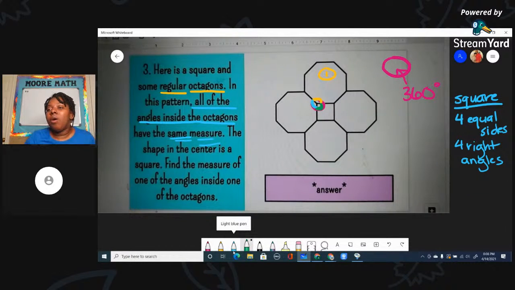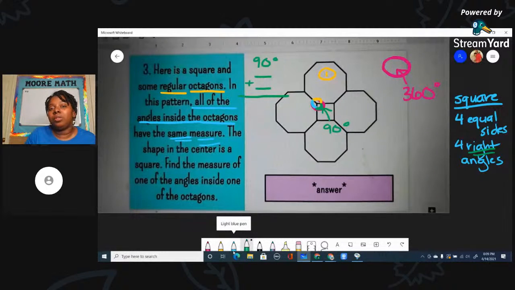You told me that all of the angles in the square are what kind of angles? Right angles. And right angles are how many degrees? 90. Okay. So if this makes up a whole circle, and part of that circle is 90 degrees, so we already have 90 degrees. We have 3 angles and they all add up to what?